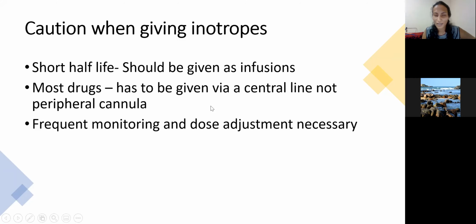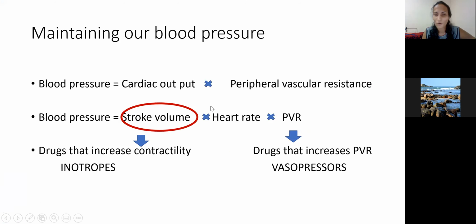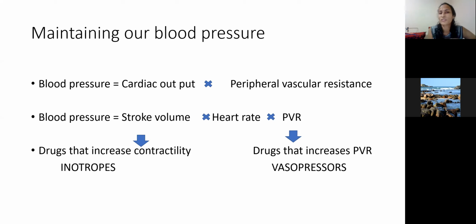So I know you all are tired, but as a take-home message, just remember when your patient is having a low blood pressure, it depends on your stroke volume and systemic vascular resistance. All you have to do is to increase either of these. So if you're thinking about hypovolemia, you can give adequate fluid to get your blood pressure up.